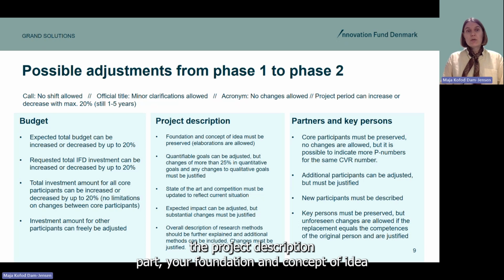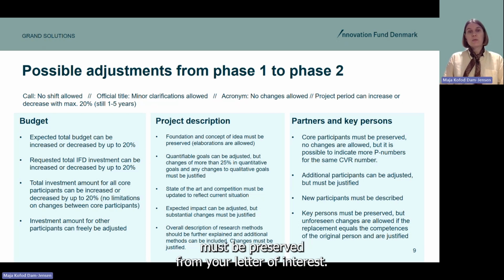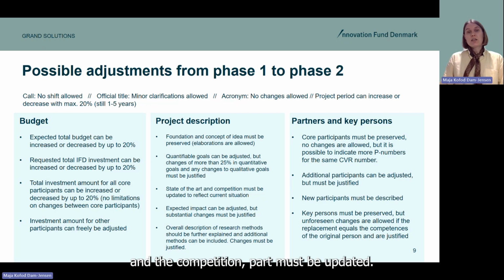Regarding the project description part, the foundation and concept of your idea must be preserved from your letter of interest. You can adjust quantifiable goals you have listed, but they cannot change more than 25%. The state of the art and the competition part must be updated to reflect the current situation.